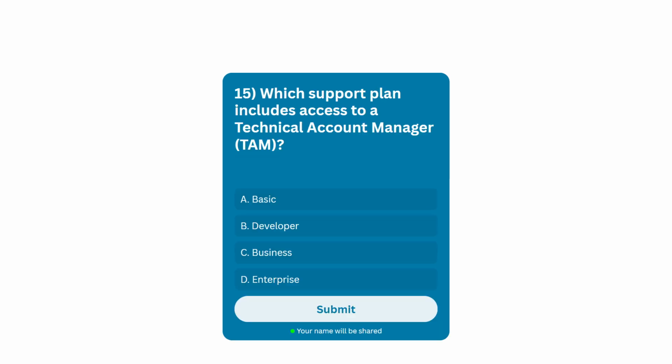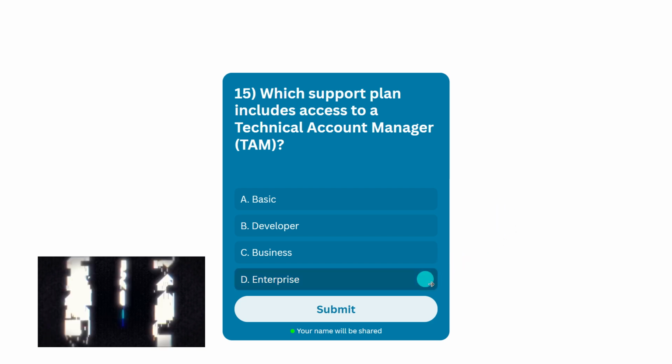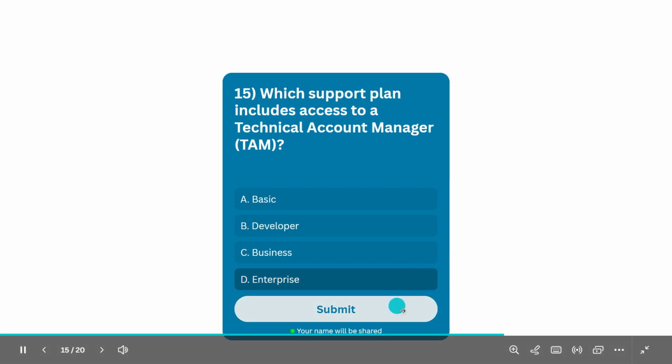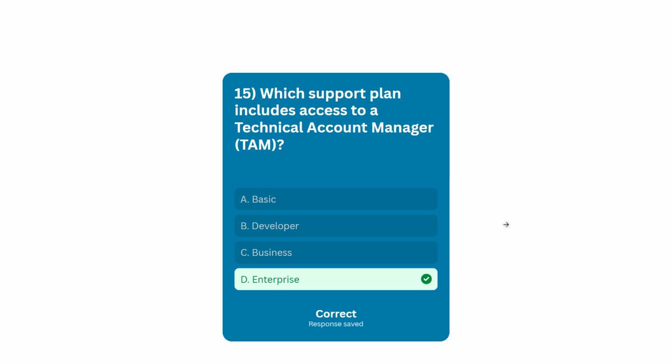Which support plan includes access to a technical account manager, TAM? Enterprise. The Enterprise plan offers a TAM and architectural reviews for large-scale environments.